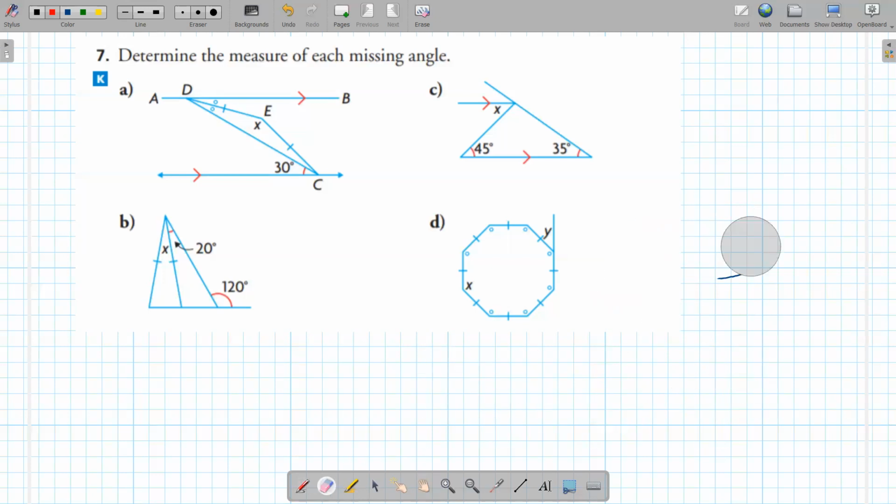Let's look at A here, this one. So it's asking us to find X. Any ideas? If this is 30, where else is it gonna be 30? Notice it has the Z pattern going on, you see? Like right where the D is, close to there.